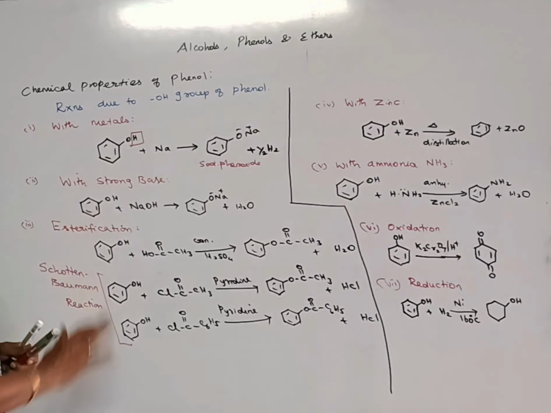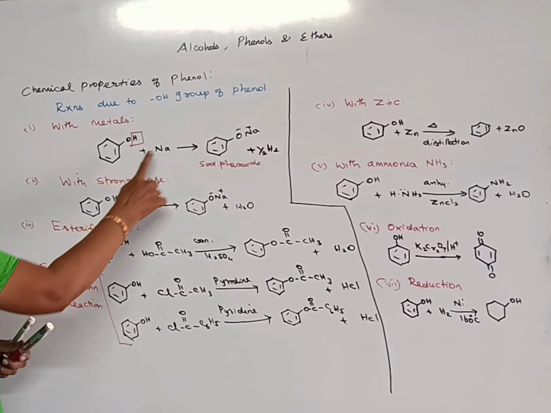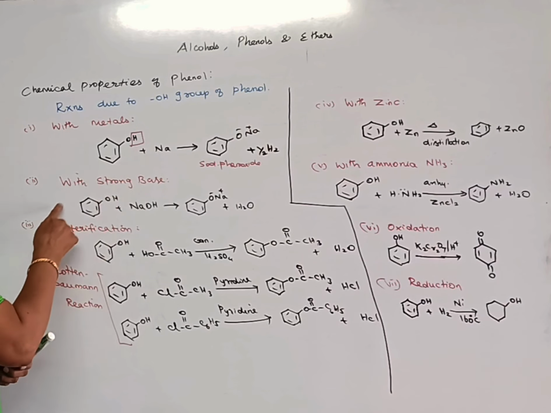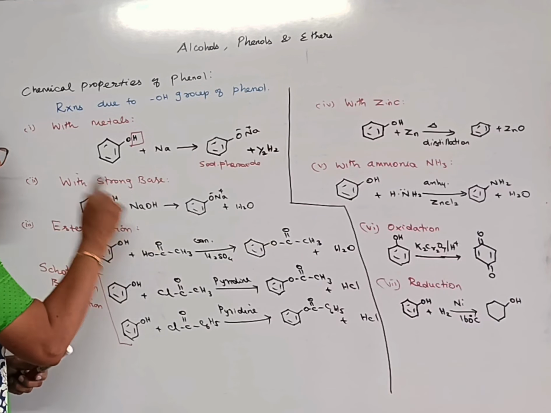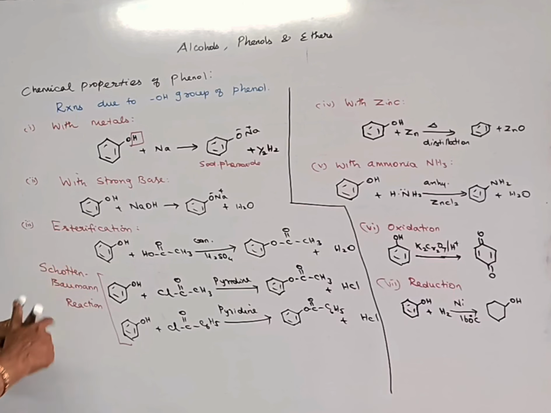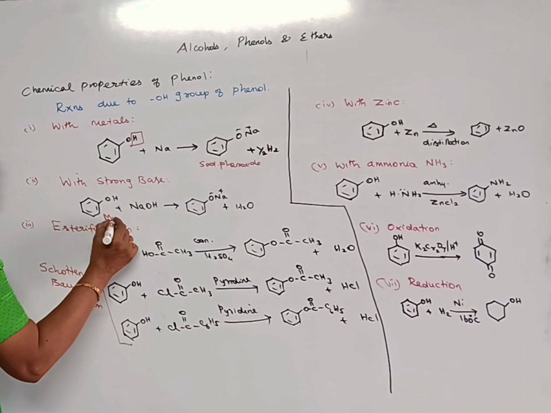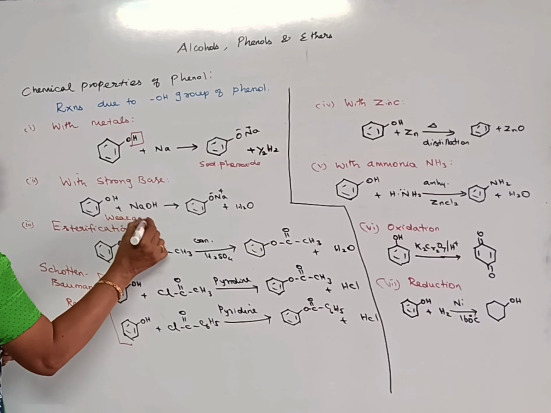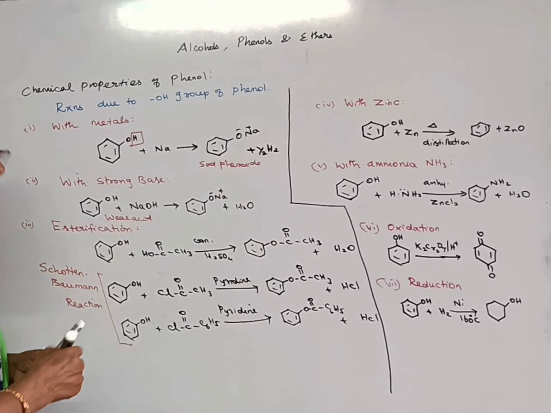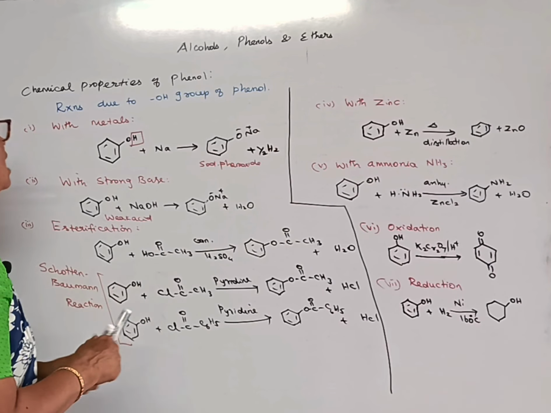Not only with metallic sodium, phenol can also react with a strong base. This is because phenol is a weak acid and hence it reacts with base to form the same sodium phenoxide and water.